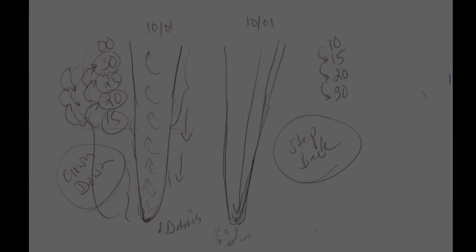Okay, as you saw, there are specific advantages for the crown down technique over the step back technique. Of course, both techniques are valid techniques for instrumentation, and many people have preferences for one versus the other, some of which has to do with habit and the way they were trained. But in my opinion, and of course I'm biased because that's the technique that I use, the crown down has significant advantages over the step back in terms of reducing procedural errors.